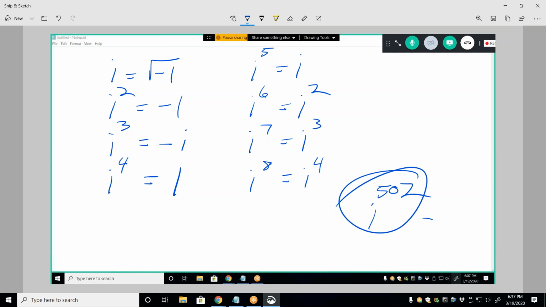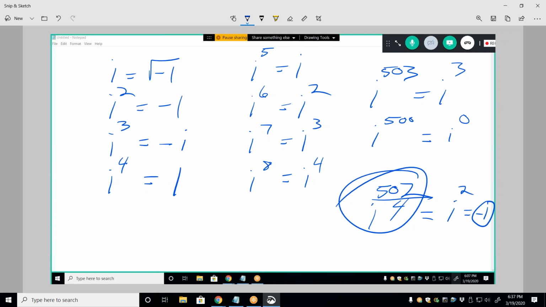So this whole thing is equal to I squared, which we know to be equal to negative 1. So what you always do when you see these problems, I to some big exponent, is divide that exponent by 4 and use the remainder. Always. So if it was I to the 503, that'd be the same as I to the 3rd. If it was I to the 500th, then that's the same as I to the 0, which is 1.